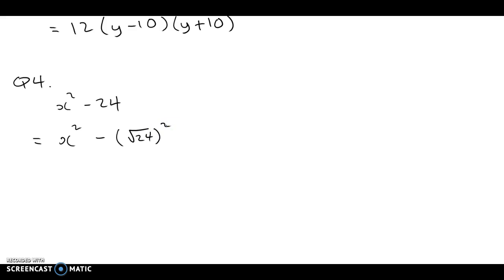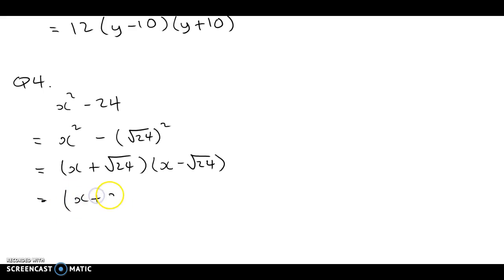And so we've created a difference of two squares here, and that will become x plus root 24, x minus root 24. Now we haven't quite finished because the square root of 24 can be simplified using surds. So root 24 will become 2 root 6, and x minus 2 root 6.